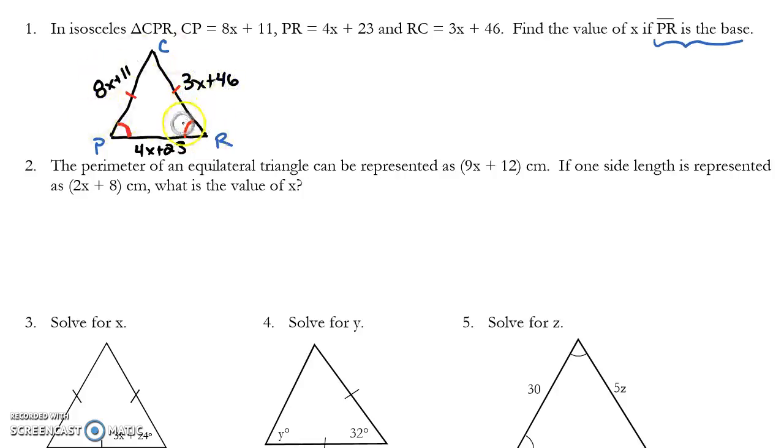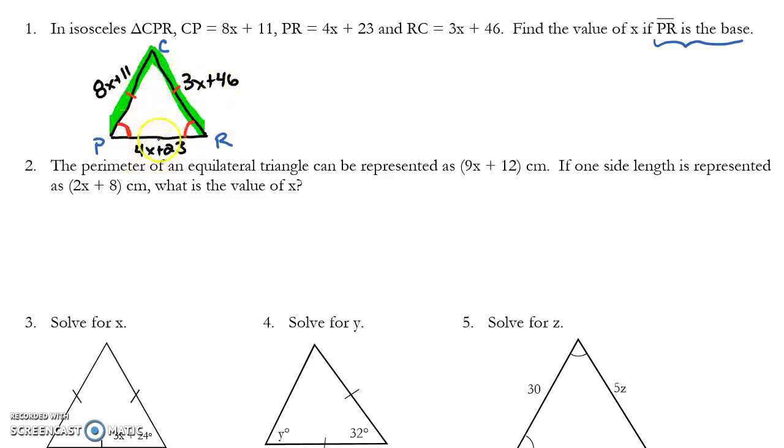Without knowing where to put my points, I don't know how to label the sides with these expressions. And now that I know I have my points labeled accurately, I know which sides are congruent. I had already marked segment CP and segment CR as my congruent sides because PR is my base. Those are my congruent sides.